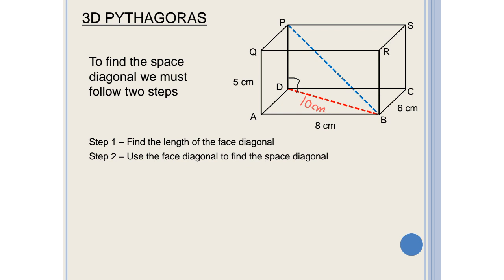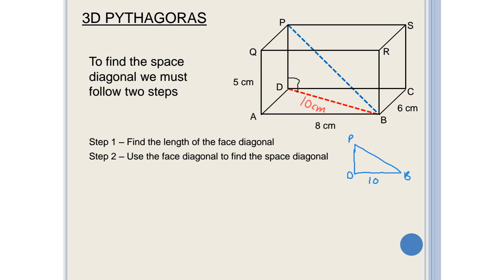From there, again, I'm going to do almost the same process as step 1. I quite like to have my smaller triangle drawn out to make it easier for me to take out any measurements. I've worked out the length of D to B is 10 centimetres.